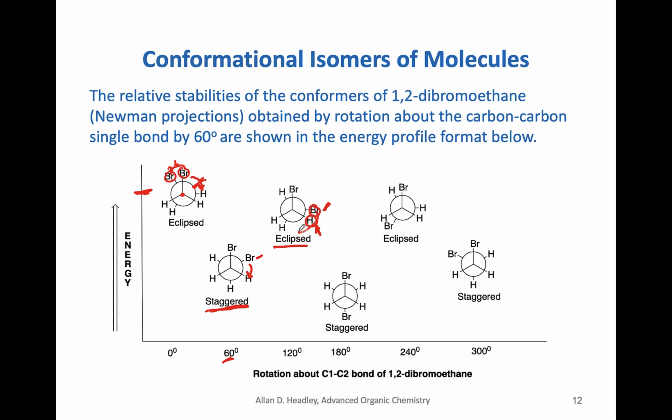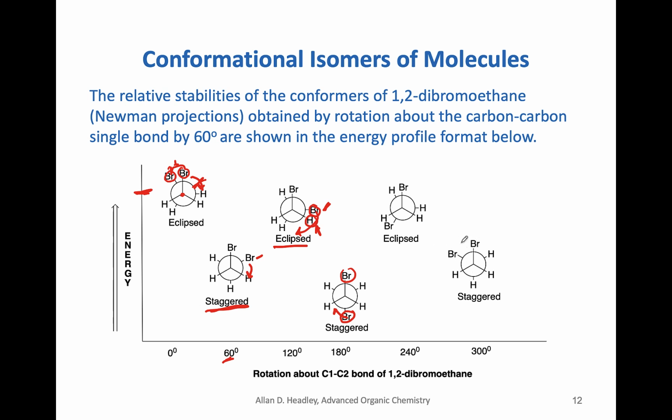Rotate by another 60 degrees. Here we have now this staggered, where the bromines are furthest from each other. So in other words, this is the most stable, the anti conformer, the staggered conformer. And we can rotate some more, we get another eclipse going back up in energy, and so on.